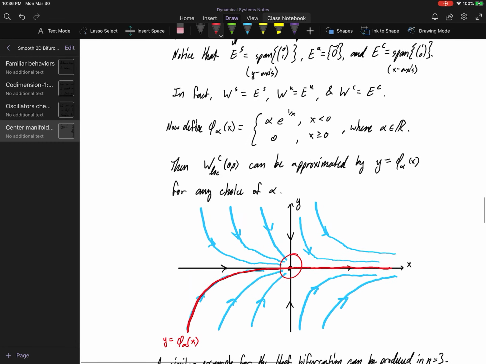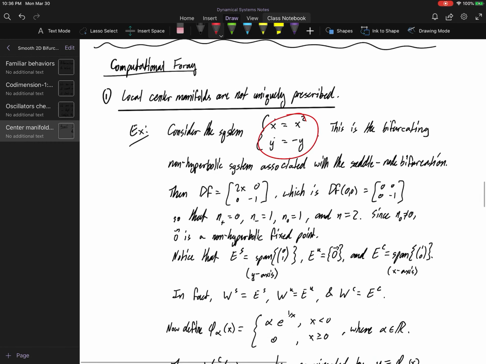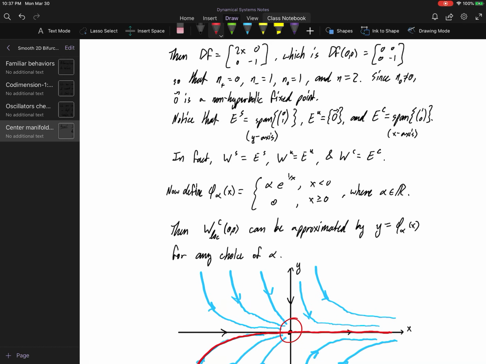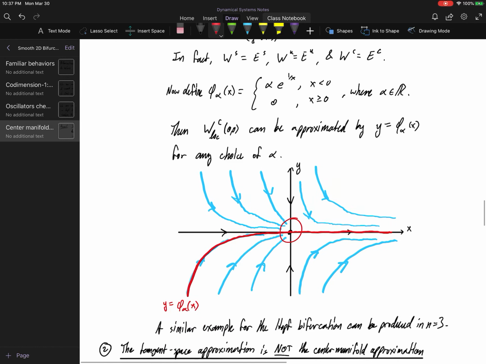And a similar example can be shown. Notice that this is occurring at a saddle node, right? That's exactly what we were saying up above, that this system is the critical system that separates the two qualitative behaviors of a saddle node bifurcation. Okay?